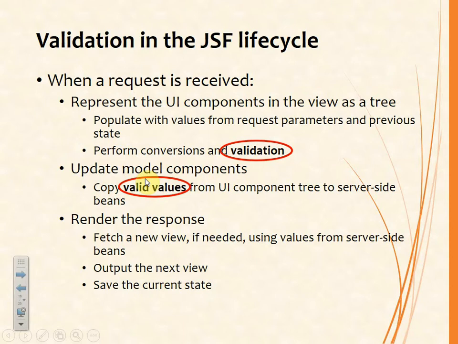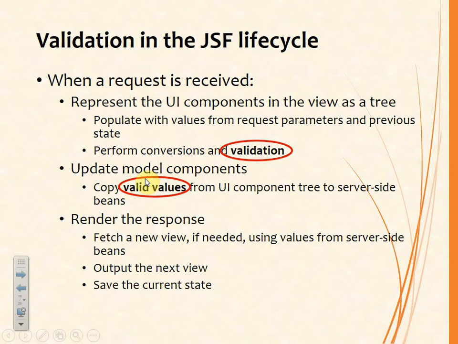And only if all of those values are valid, only then will they be copied across into the managed bean. If any one of those validations fail, then the life cycle is aborted. The original view is redisplayed along with some error messages. And that's why we can assume that by the time the values get put into the managed bean, they are not only of the correct type, but they are valid values.